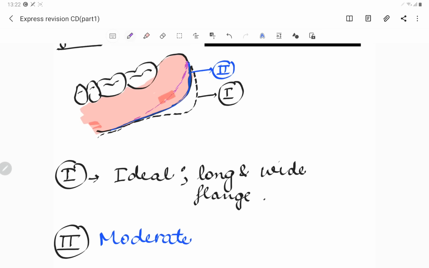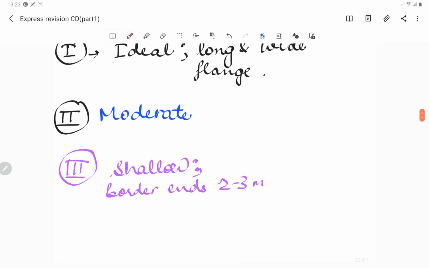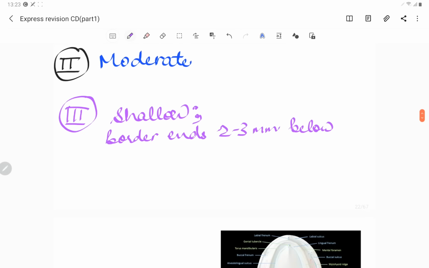This is class 3, which is the shallow one, with the border ends 2 to 3 millimeters below the mylohyoid ridge.